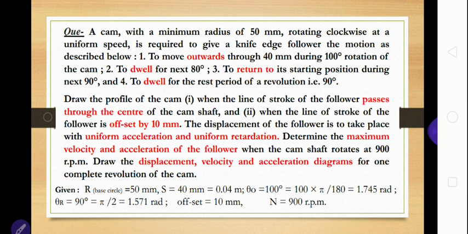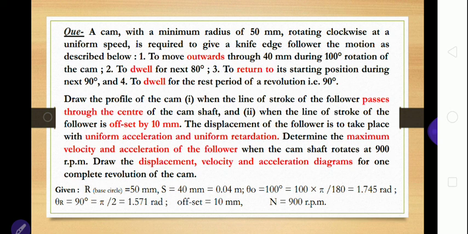During the dwell period the follower is not moving at all, and that's why the dwell period has a constant displacement in the displacement diagram. We only require theta O and theta R, and S, the stroke length, which is also given. The radius of the base circle is also given.